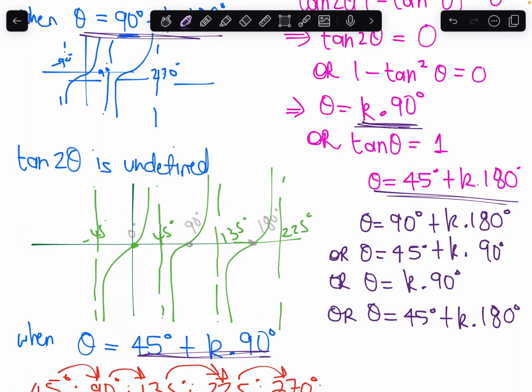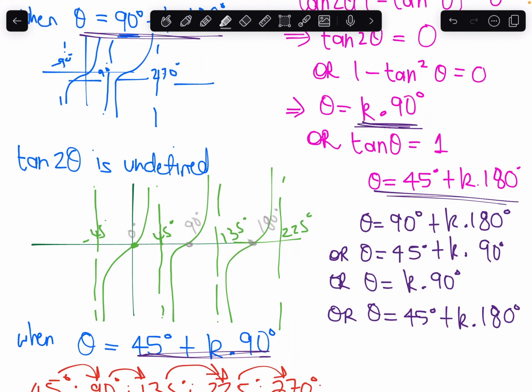Right, so we now need to not reduce this, terrible word to use in the context of trig, but we need to write this all as a single statement. I mean, this is a single statement, but it's kind of 4 statements joined into one. Anyway, we need to figure out which statement kind of swallows the other. So 45 degrees is half of 90.